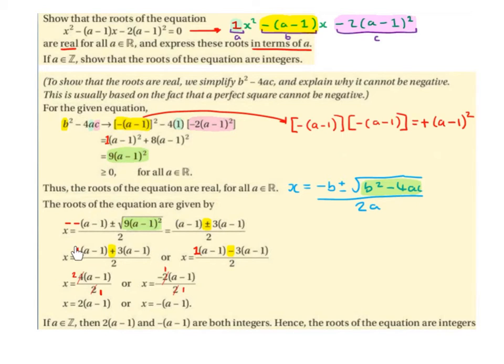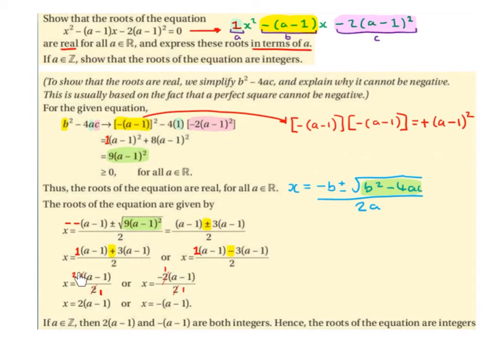So we have 1 times (a minus 1) plus 3 times (a minus 1), and 1 plus 3 is 4 times (a minus 1). And over here we have 1 times (a minus 1) minus 3 times (a minus 1), and 1 minus 3 is minus 2 times (a minus 1).